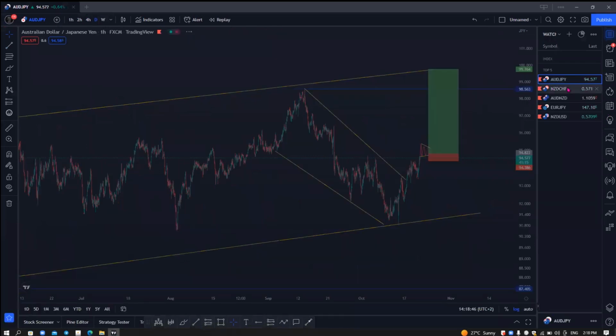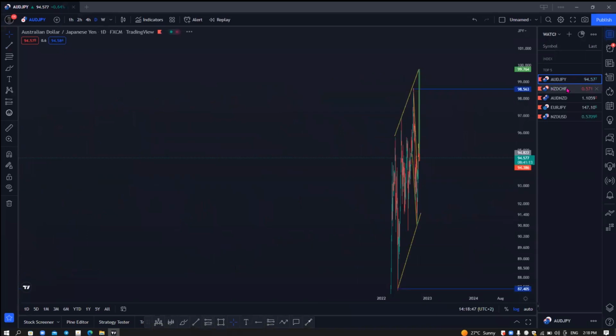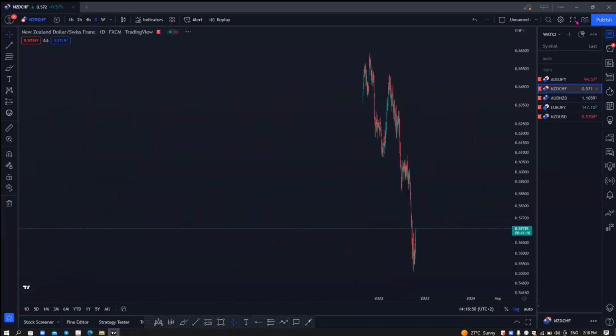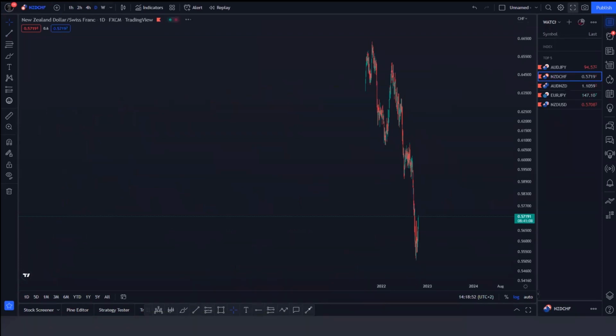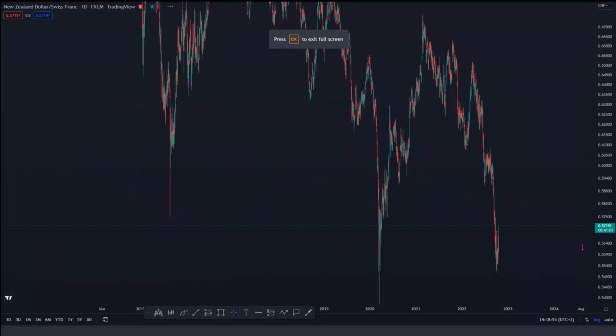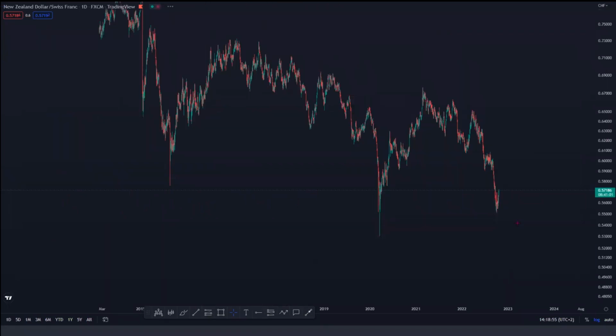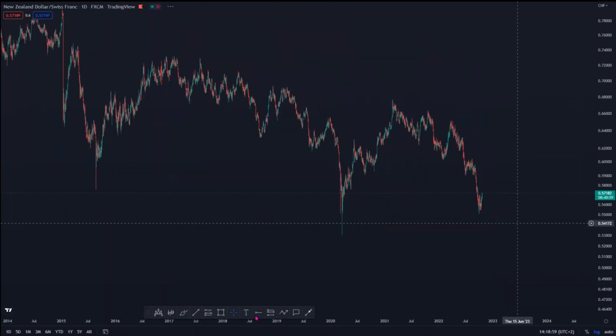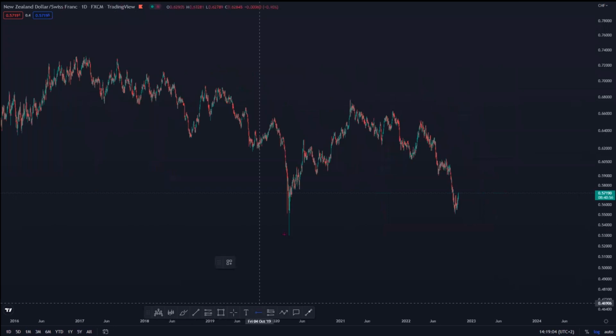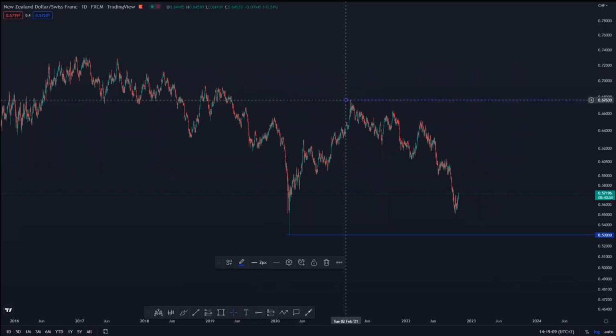Another pair we're going to look at is NZDCHF. You guys know the basics. We have our lowest low, which is this one, and our highest high, which is this one.